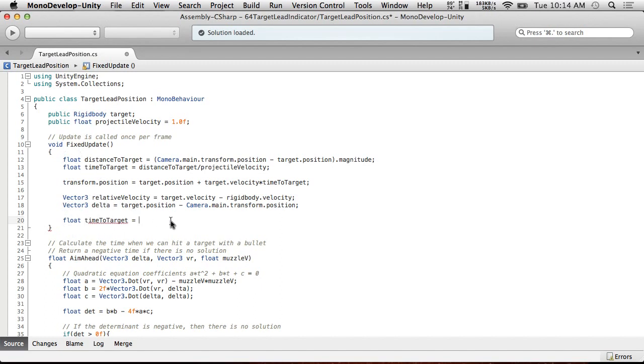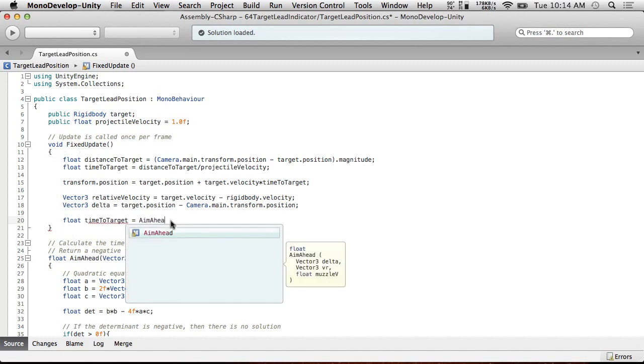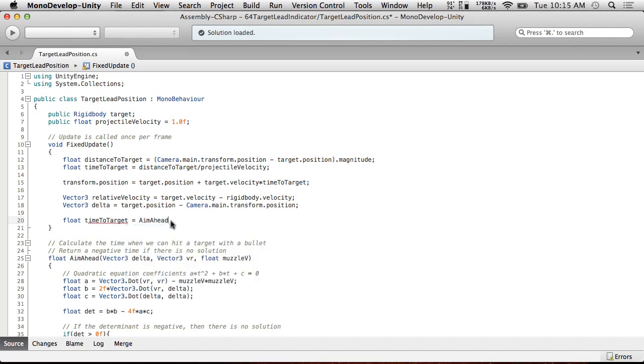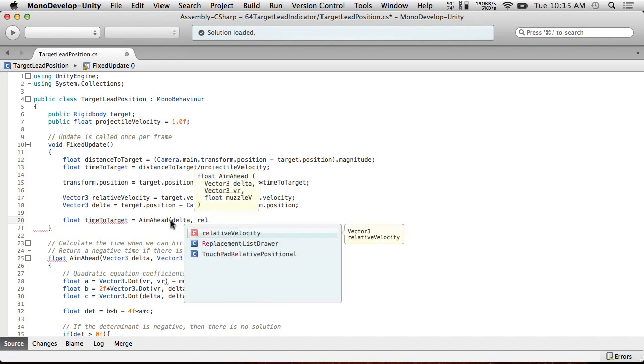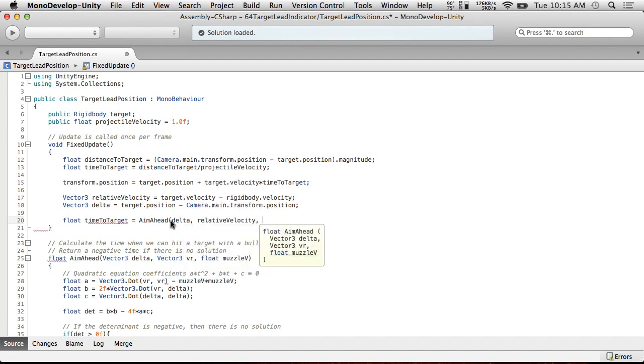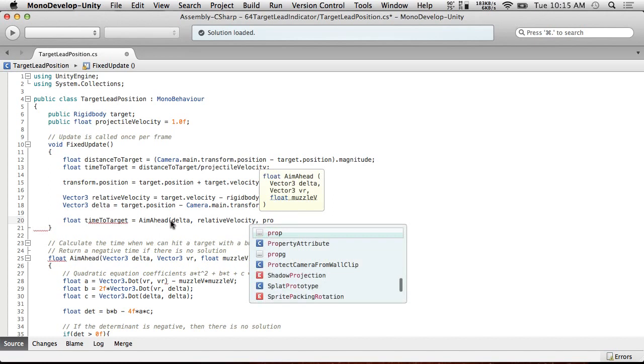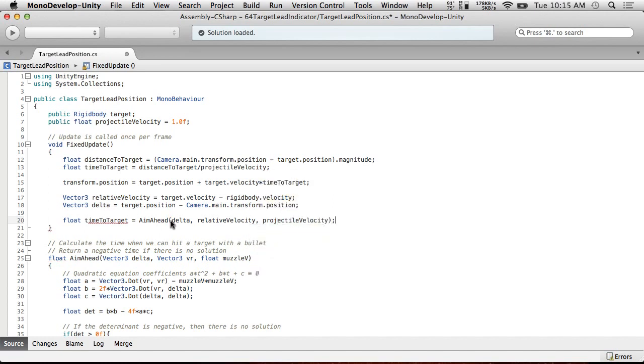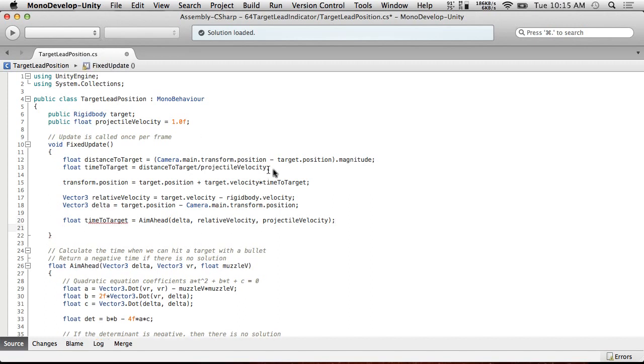So time to target equals aim ahead, and we grab the delta, the relative velocity, and the projectile velocity. That gives us our time to target.